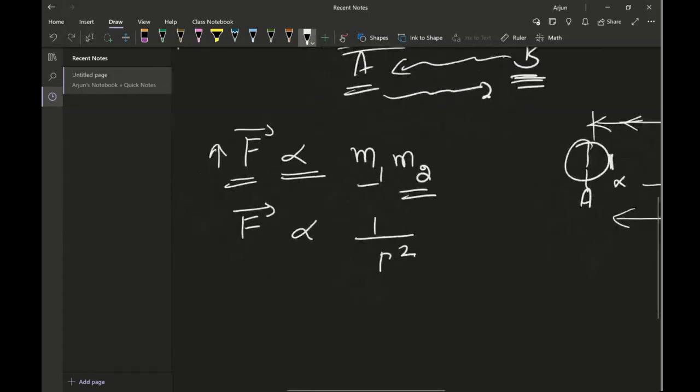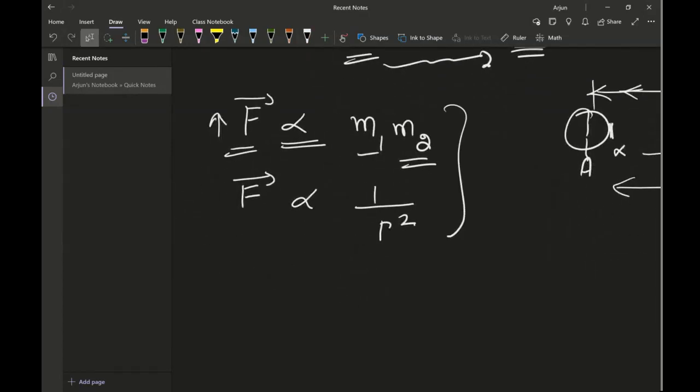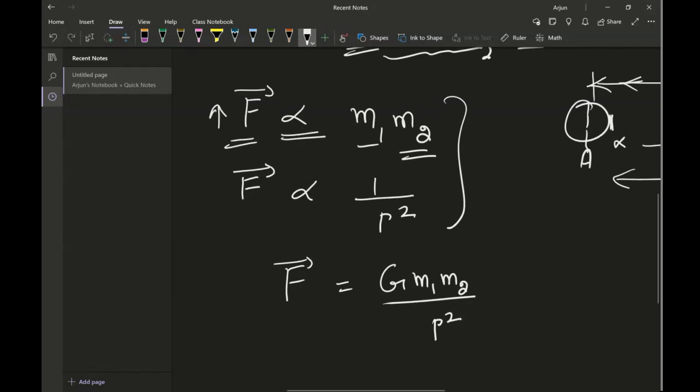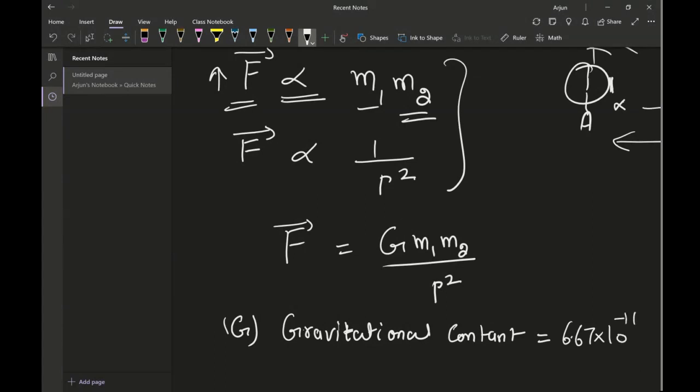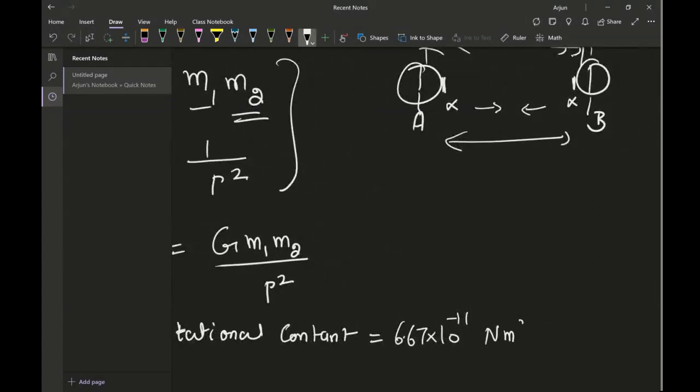And then he clubbed these two together and came up with the formula: force is equal to G M1 M2 divided by r square. This is the formula proposed by Newton, where G is the gravitational constant, and the value of G is 6.67 times 10 raised to the power negative 11 newton meter square per kg square.